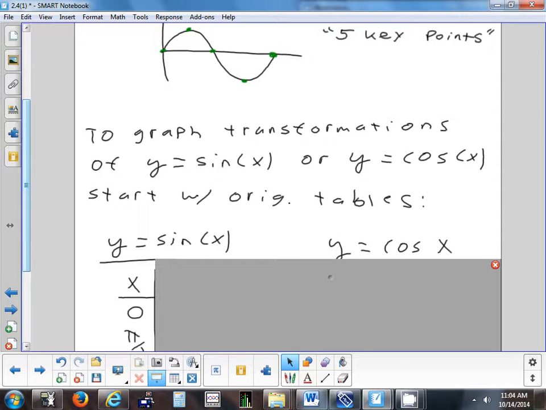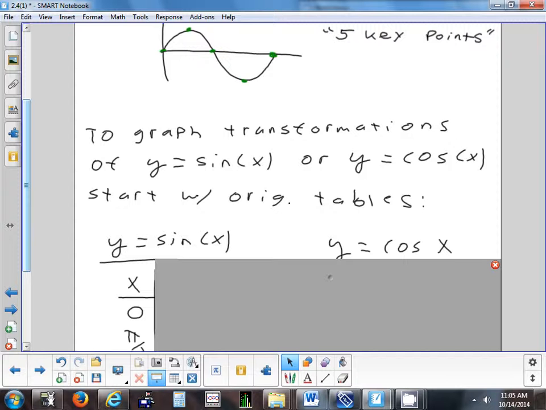So if we want to have 5 points that are equally spaced from 0 to 360 degrees, how far apart would I need to have them? I'm going to do it in radians, but can anybody tell me in degrees? How far apart are these green points going to be, their x values?